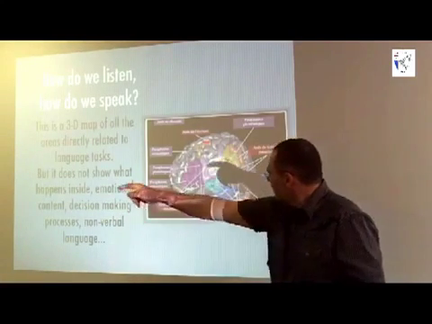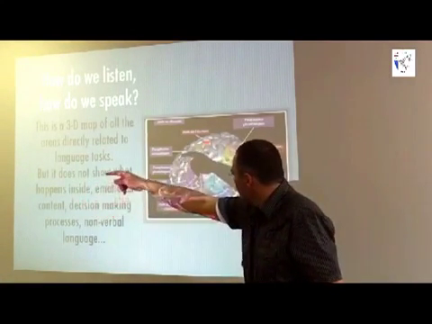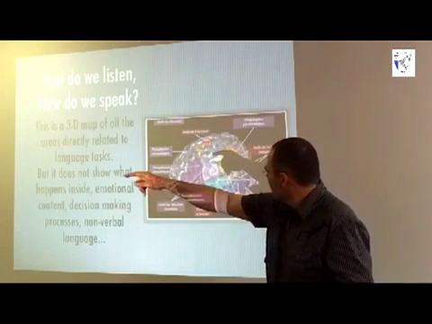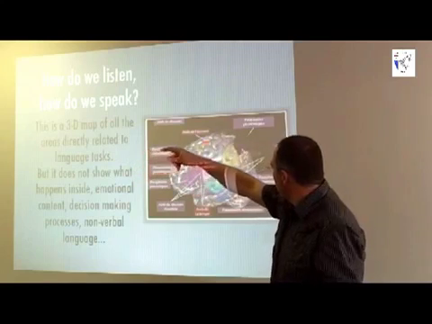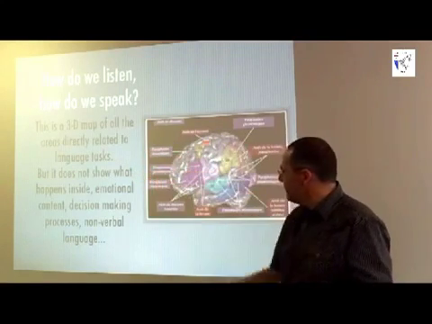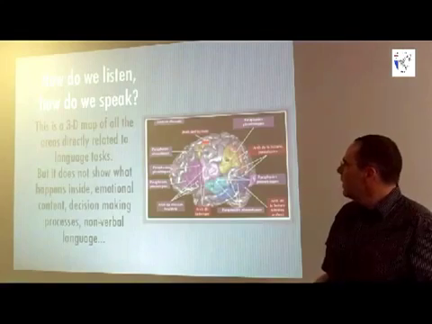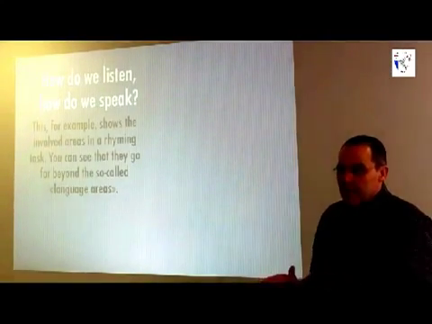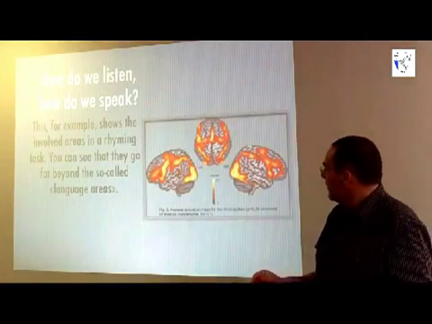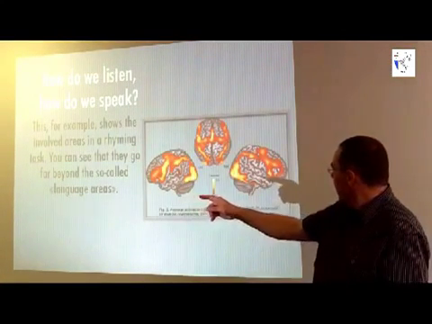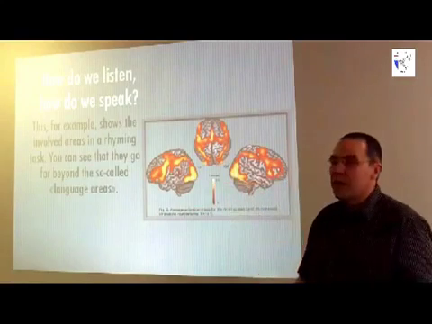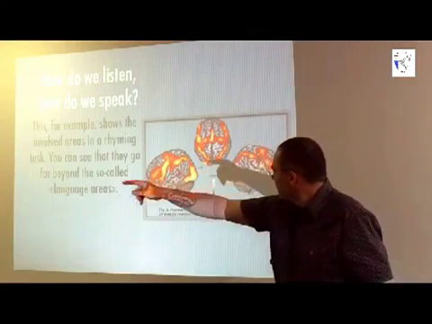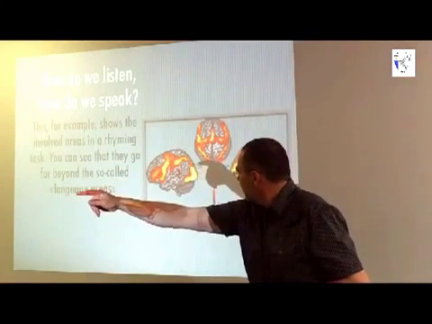But here happens also the decision making. And would you use sign language here, you would see a completely new area here that would become active. So we are going to see that it actually involves the whole brain. This is what happens if you are asked to do rhymes. We got the parts that go on the left hemisphere.